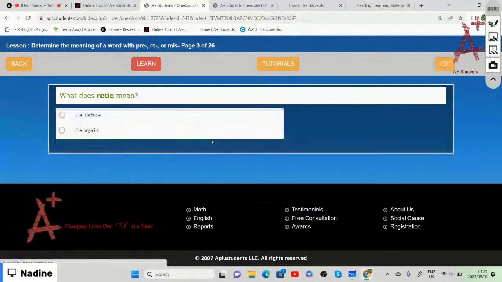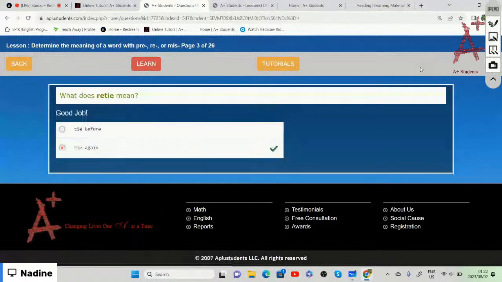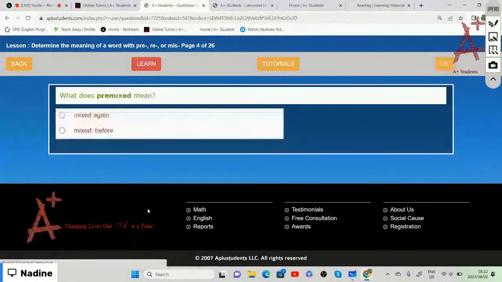What does retie mean? Is it to tie before or tie again? All right, so retie is to tie again.